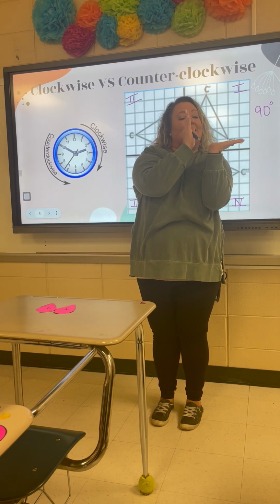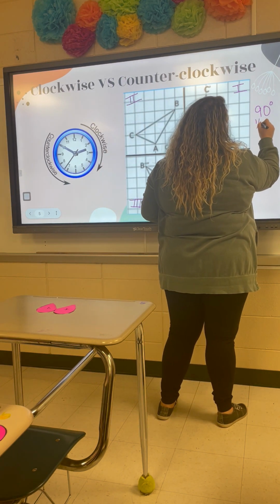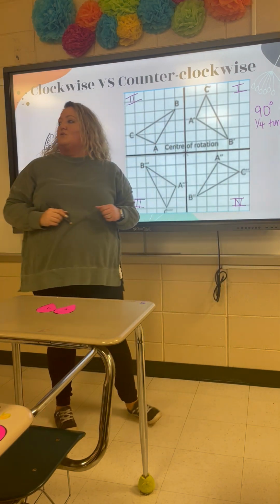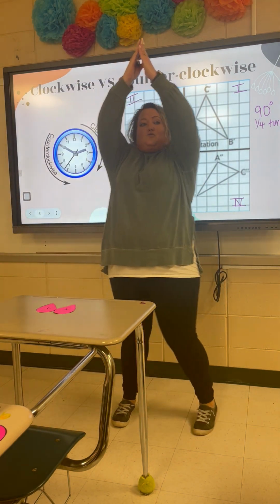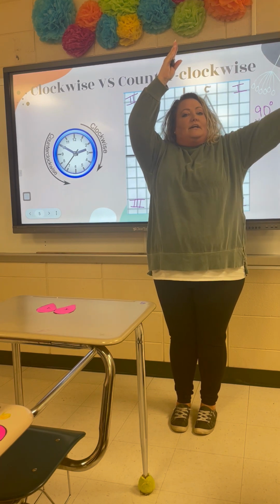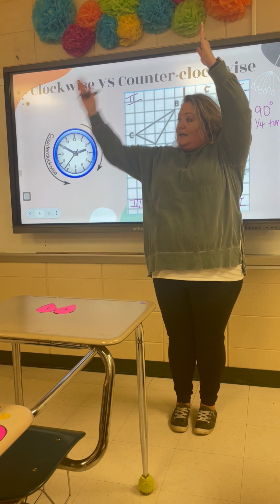That would make a 90-degree turn, okay? It's also known as a quarter turn. So that's the first one that we're going to need to know. So if you're at 12 and you rotate 90 degrees, you're pointing at the 3 clockwise. If you go counterclockwise, you're pointing at the 9, okay?